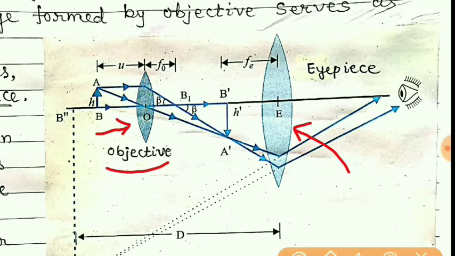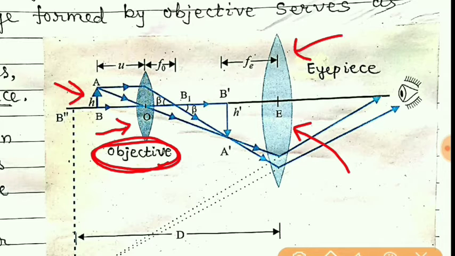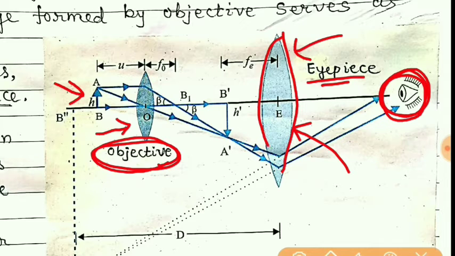This lens is called the objective lens because the object is kept towards the objective lens, and this lens is called the eyepiece because we observe the final image from this side through this lens. So it is called an eyepiece.